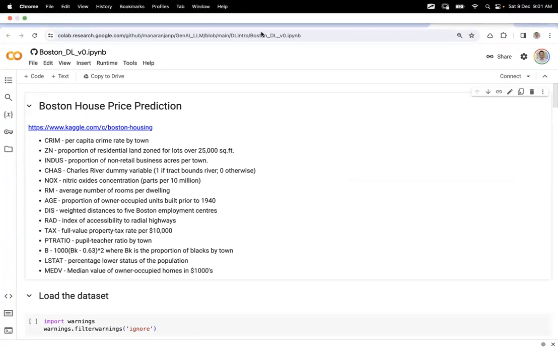I'm sure most of you are familiar with Google Colab. So here you can say connect, which will provision a virtual machine for you. Our LLM course will also be mostly driven by Google Colab, but of course there will be some hands-on on the local systems also.